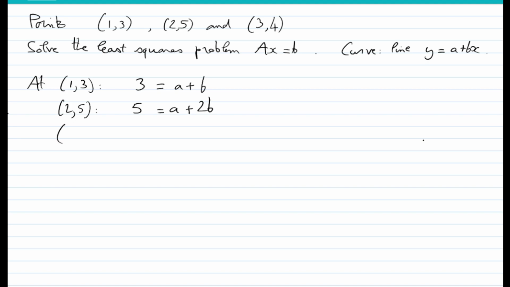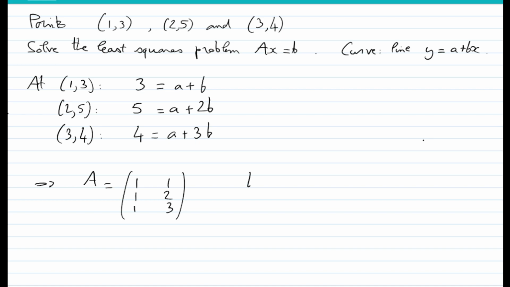And finally, at 3, 4, we get that 4 is equal to a plus 3b, which means that the matrix A is the matrix of the coefficients of a and b. So that's 1, 1 for the first row, 1, 2 for the second row, and 1, 3 for the third row.